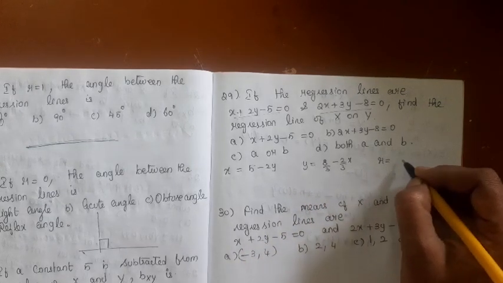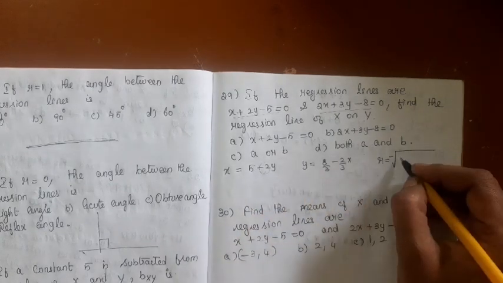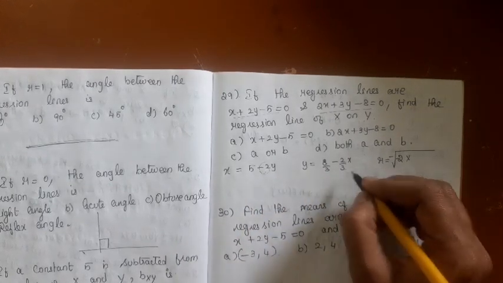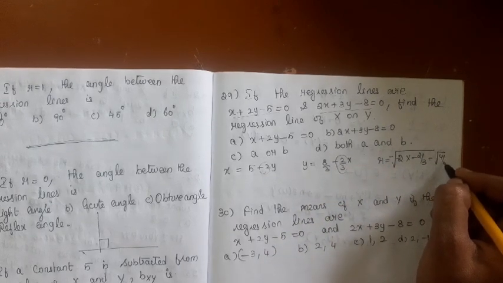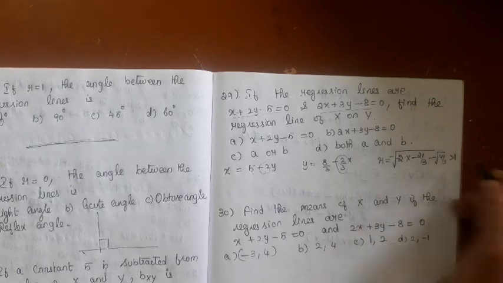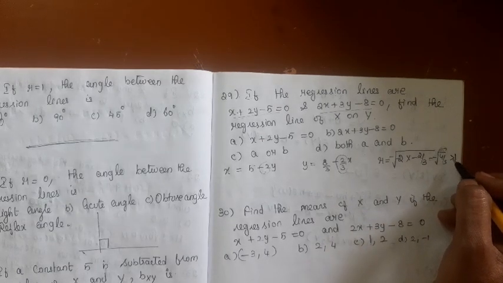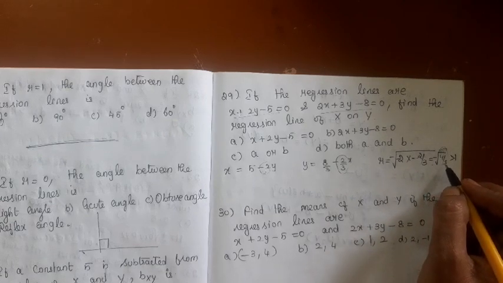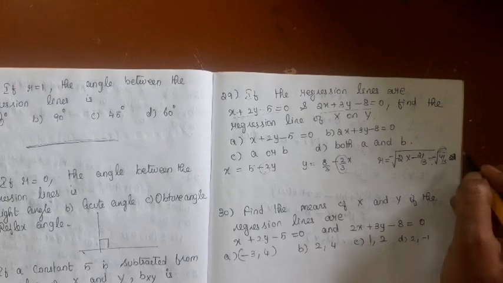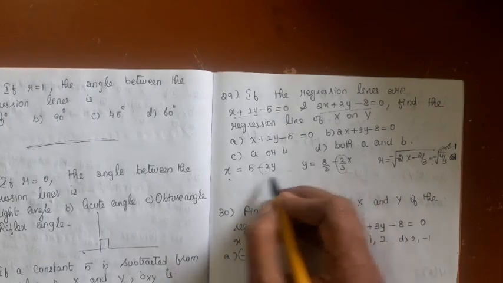Here r is equal to square root of bxy into byx, which is 2 into 2 by 3. I get root of 4 by 3, which is greater than 1. The root of 4 by 3 doesn't lie in the range minus 1 to plus 1, so you are getting an answer in the inadmissible range. To be more precise, it is less than minus 1. So this is not acceptable.